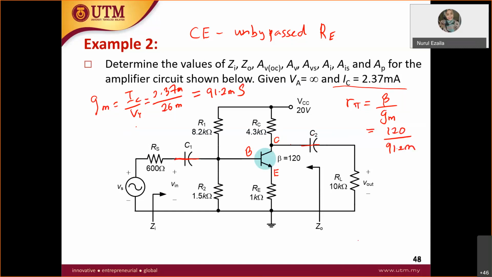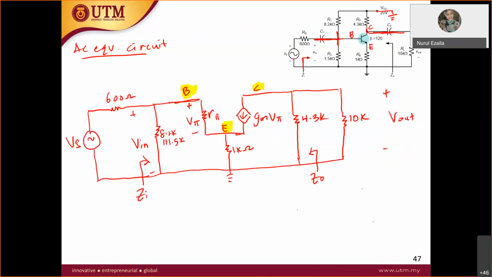So this one would be, I think, 1.32K. Am I right? Yes, thank you. So you need to find all these parameters first in order to move forward with your derivation.